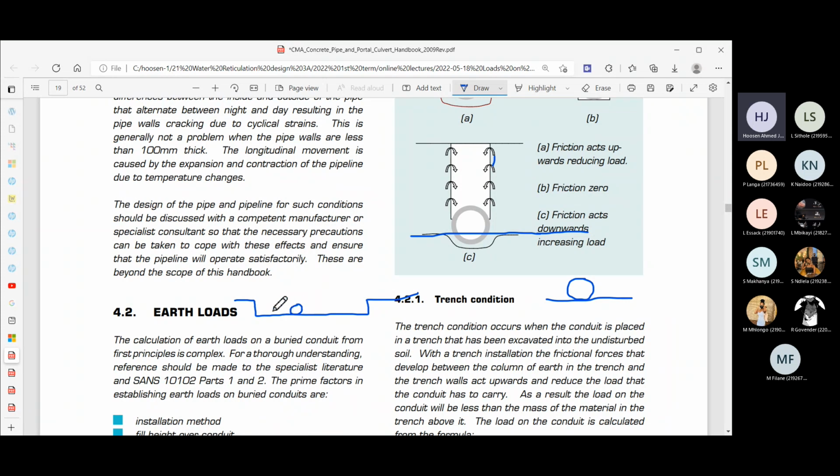It's too far out for that prism. Because of the width of the soil prism, you'll still get embankment conditions developing.